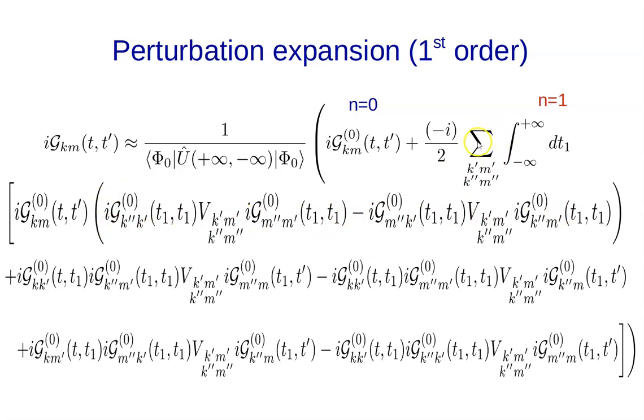Notice that there's also a sum over k prime, m prime, k double prime, m double prime that's included here if you wish. But the important thing is that these two Green's functions, they do not propagate. They go from the same time, so t1 to t1 and t1 to t1.